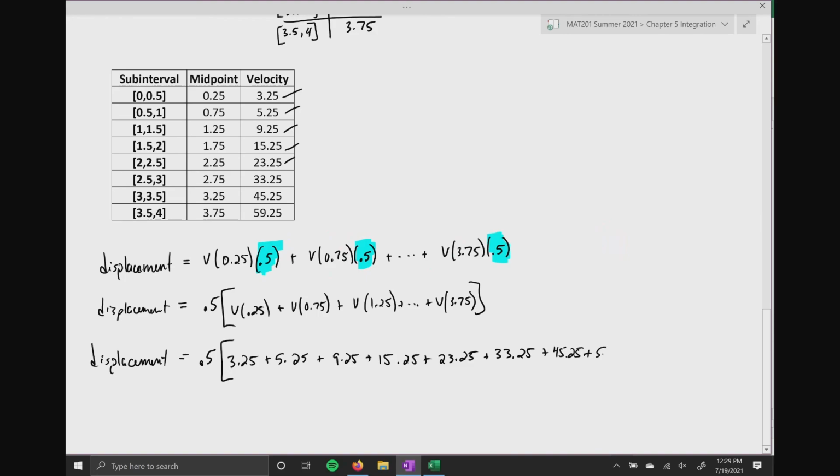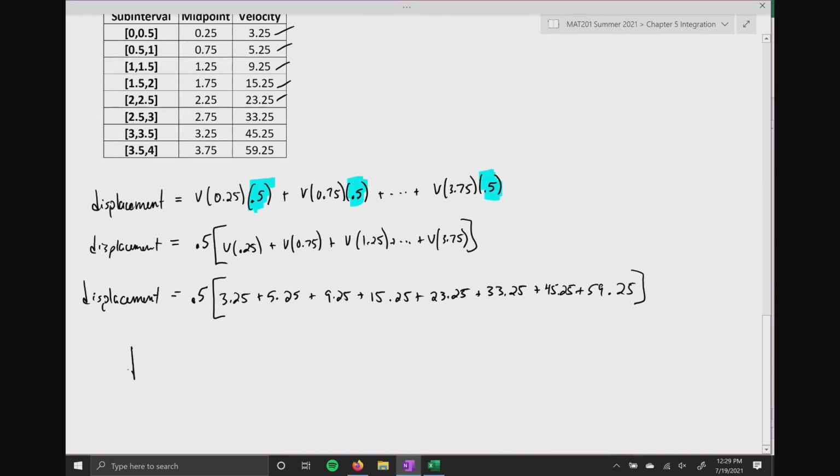Yeah, the last one's 59.25. So I'm just going to add them all up and then multiply it by 0.5. So we get 194 times 0.5, which our displacement is going to be 97 feet.